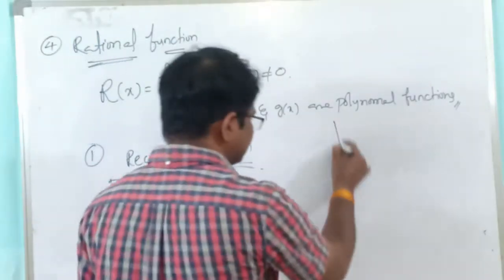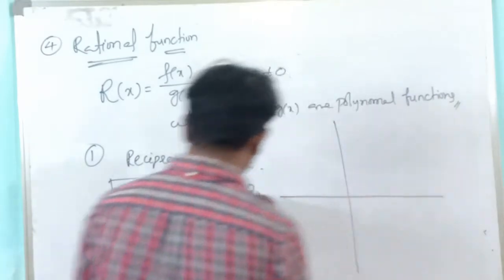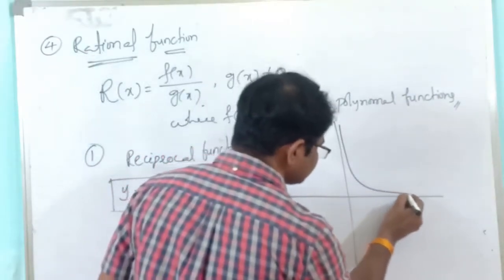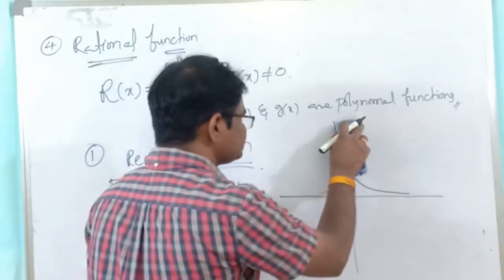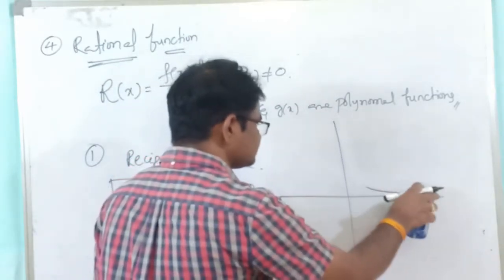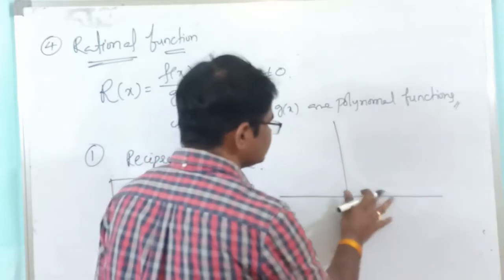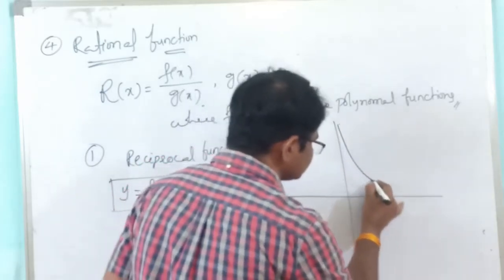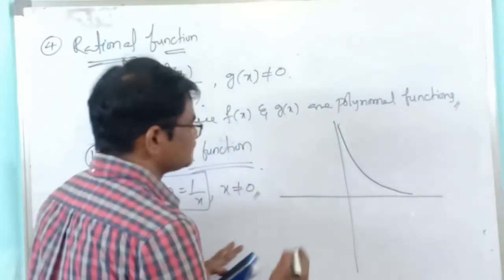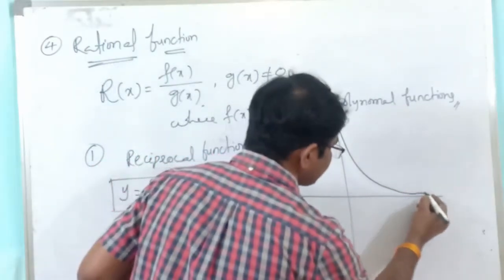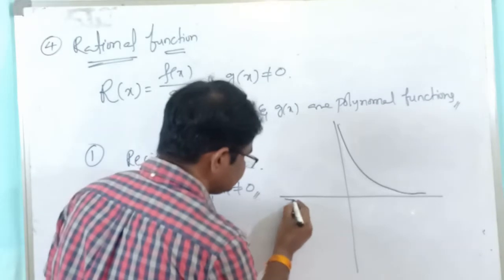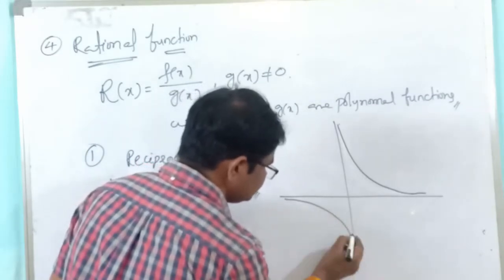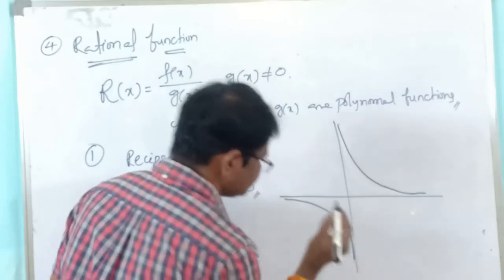Suppose you draw the graph, if you take some x values and y values, the graph is like this you will get. Like this you will get.